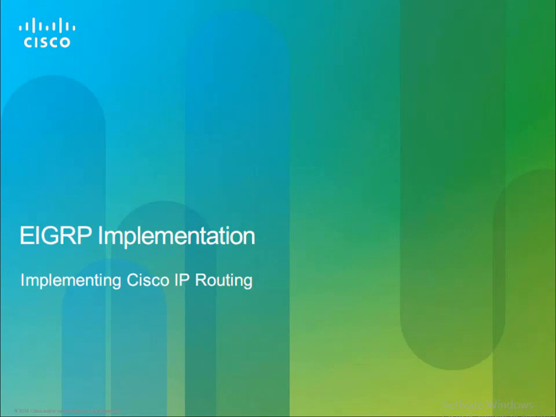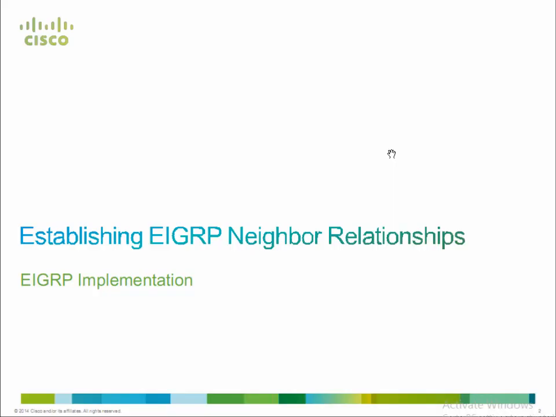So let's go ahead and jump right into lesson number 1, which is establishing EIGRP neighbor relationships. We know that EIGRP is an enhancement to IGRP.